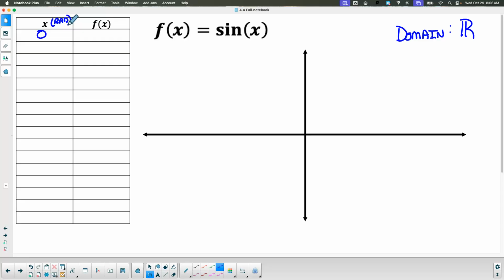If not, you should be looking at one of the many unit circles around the room. Sine of 0 is 0. So that means that the sine function goes through the origin. Let's go to the next one. Pi over 6. What is the sine at pi over 6? 1/2.